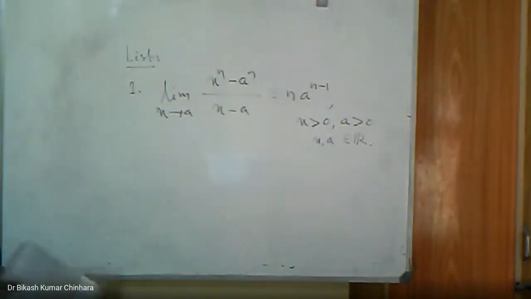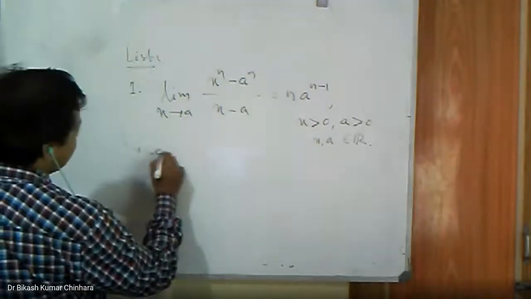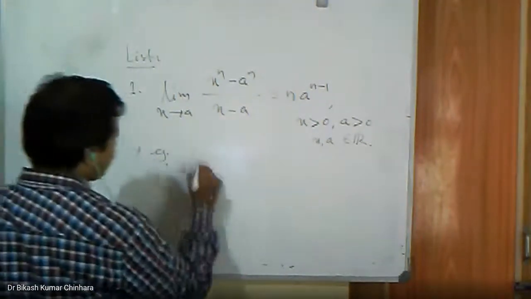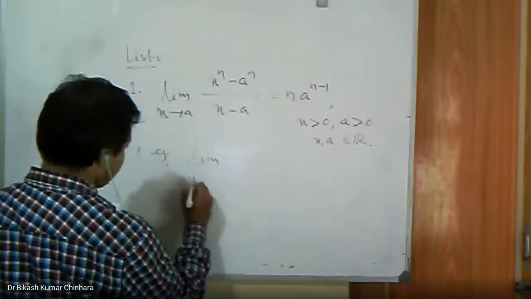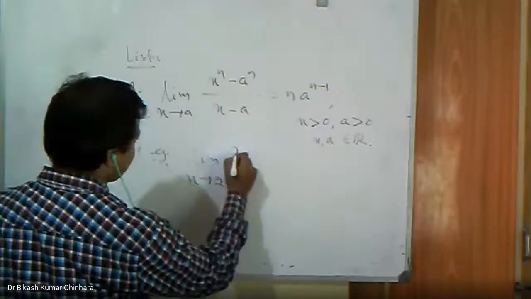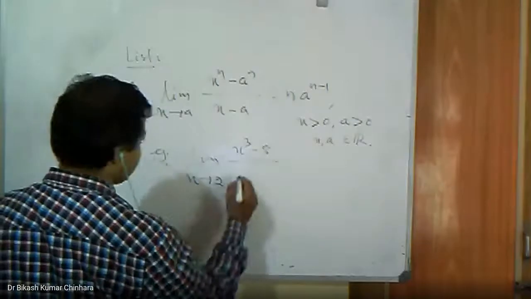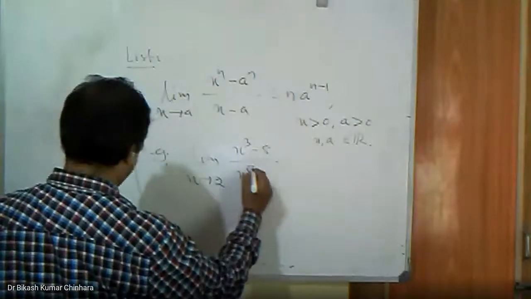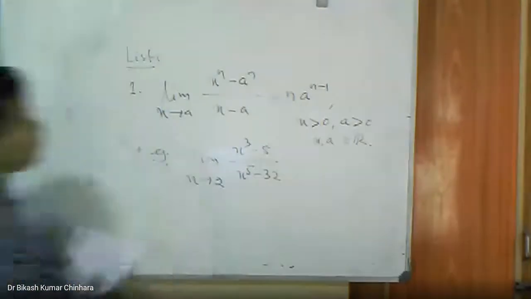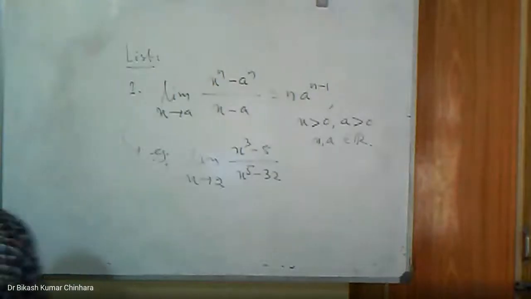So basing on this, you can solve this type of problem. Suppose you have to find the limit x tends to 2, x to the power 3 minus 8 divided by x to the power 5 minus 32. How can I do it? Yes, try on your own.